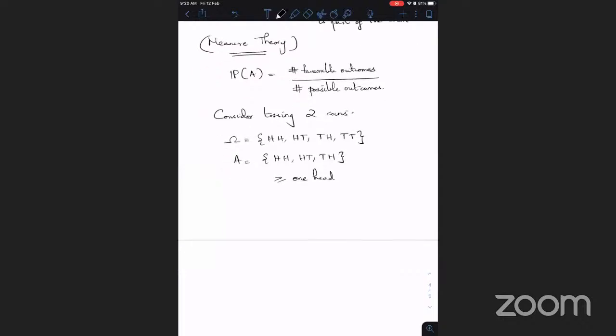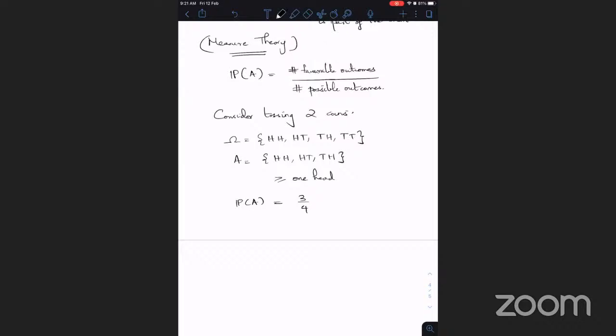Now, according to the naive definition of probability, what is the probability of event A? Exactly, 3 over 4. And how is that? There are three outcomes which can lead to event A. So that is the number of favorable outcomes, which is 3. And the number of possible outcomes is 4. So it's just 3 over 4.